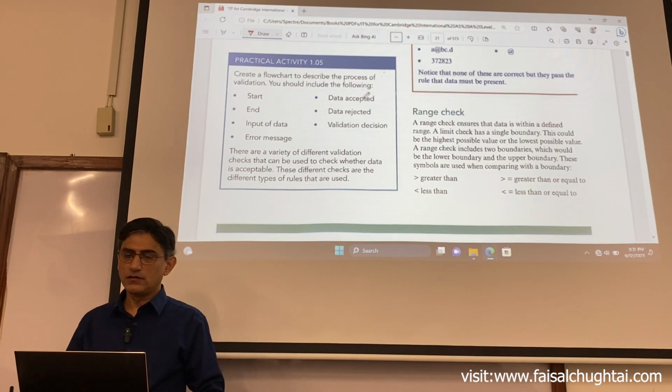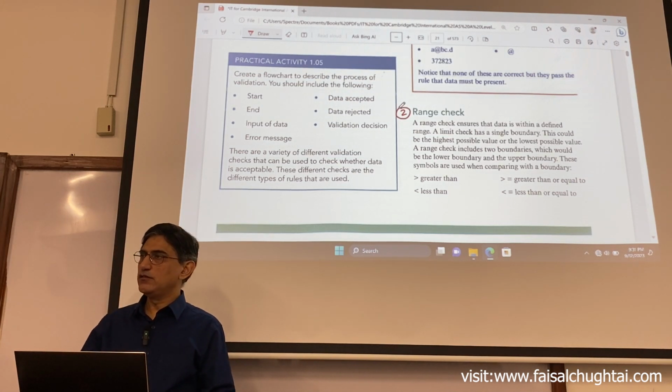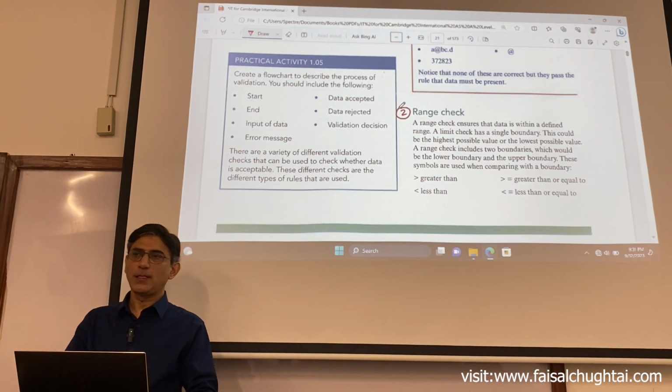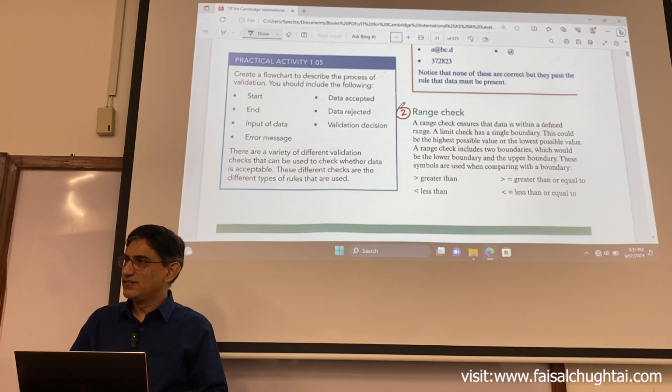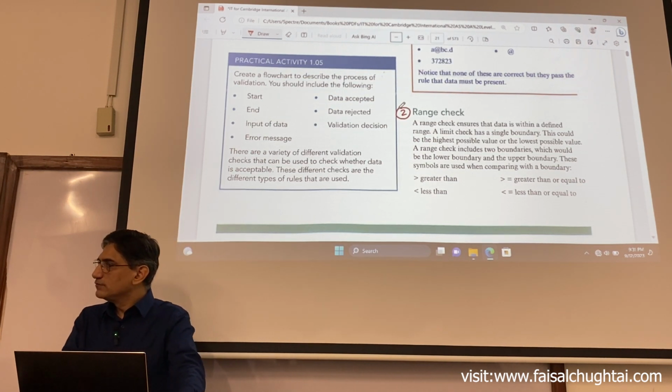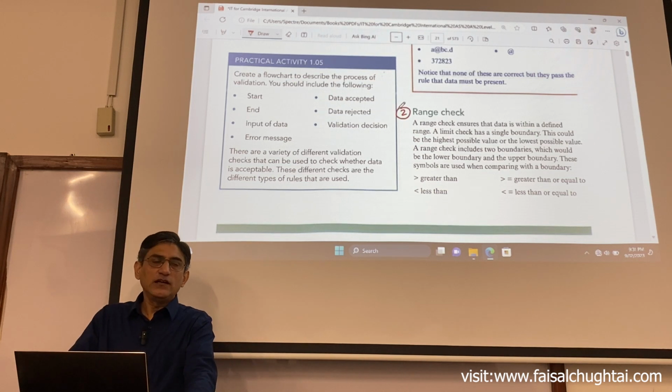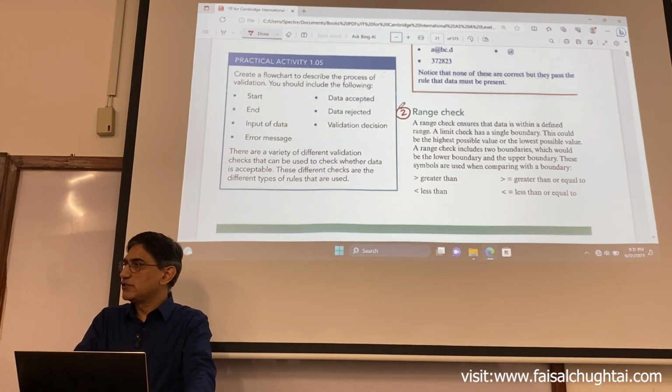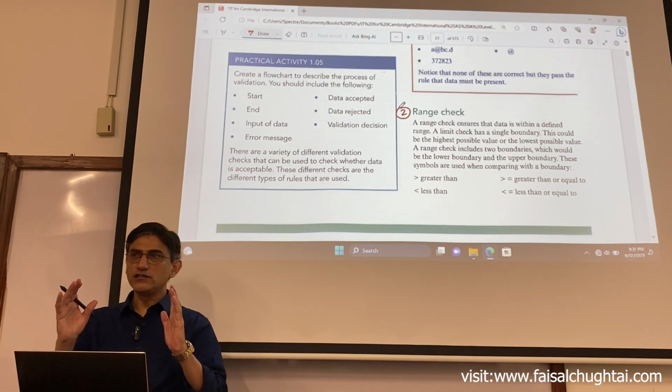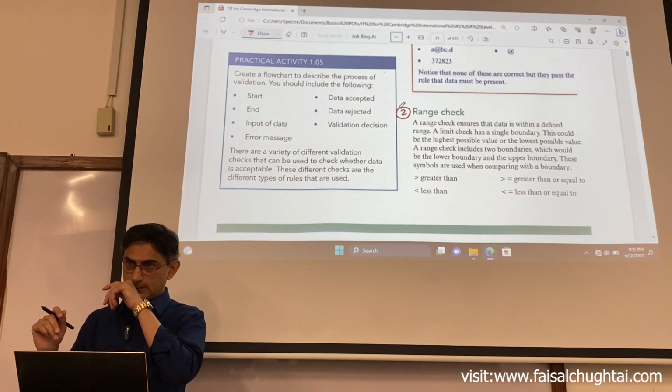Next in line is a range check. Any idea, anyone, what a range check might be? Yeah, data lies within a specified range. Good. Range check would ensure that the data lies within a specified range.